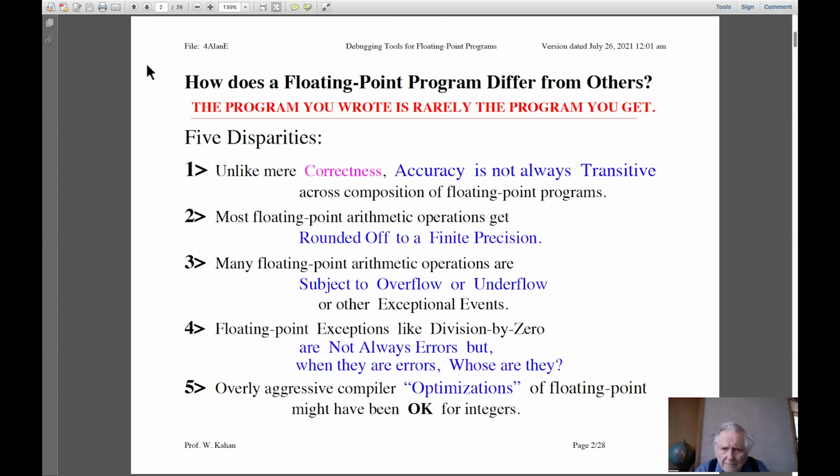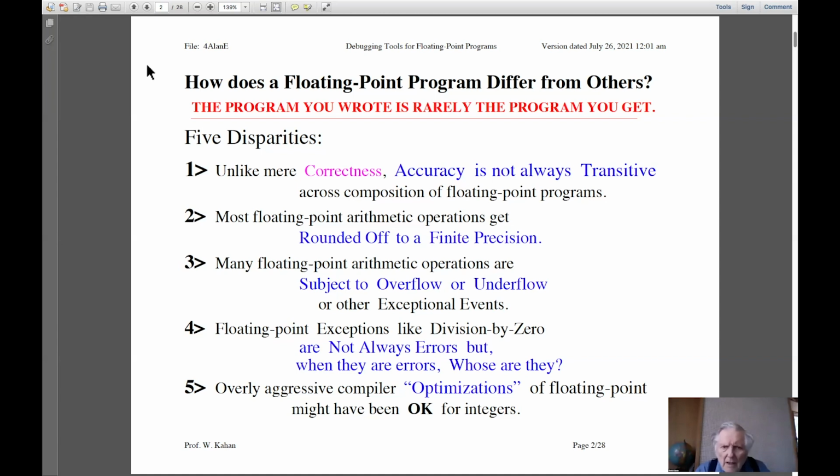And then, of course, I mentioned that floating point arithmetic is generally afflicted with rounding errors. Every arithmetic operation gets rounded to finite precision, maybe not as much precision as you really would like to have.